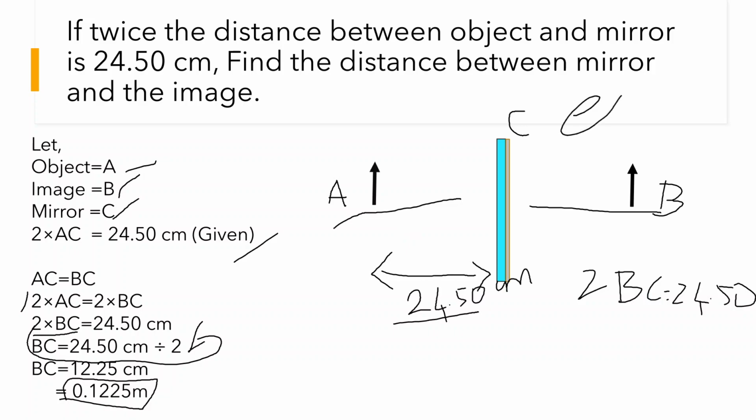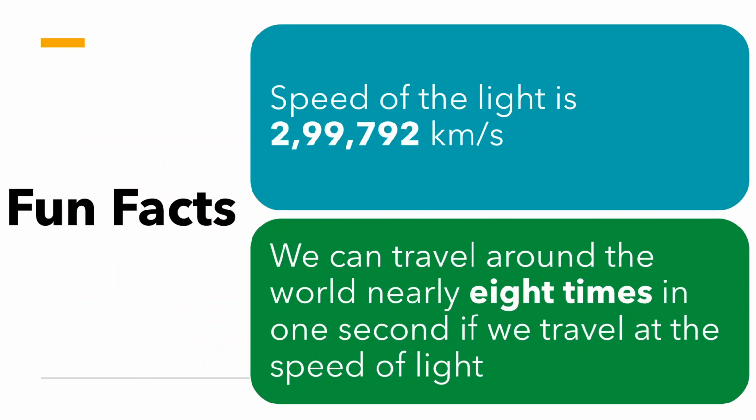Now wait. We're going to discuss something interesting, some fun facts about light. Do you know that the speed of light is 2,99,792 kilometers per second, not per hour, per second? That's crazy.